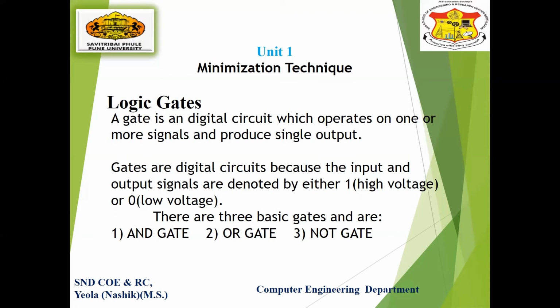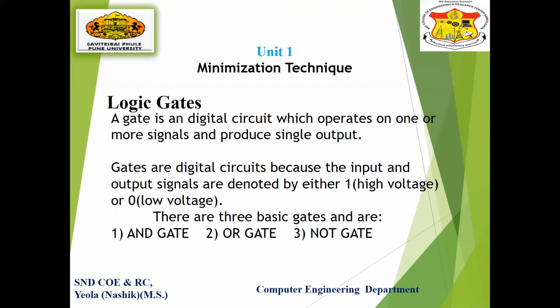Because within your Boolean function, Boolean operator, Boolean logic, or logic variables, these are very important parts, which are used for the minimization techniques. So all students should know about it.